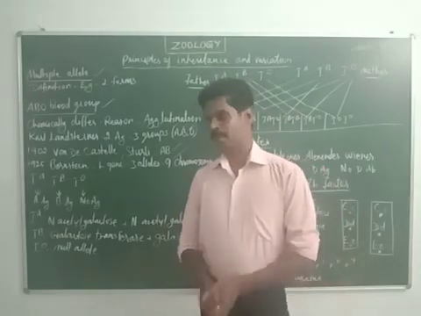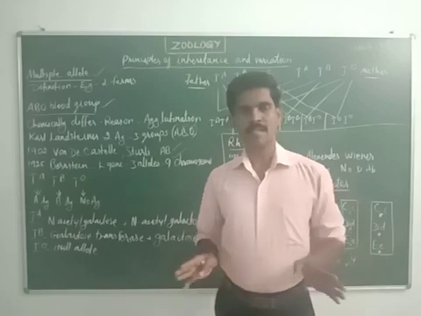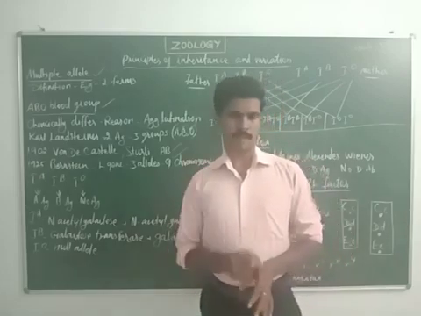Understand my dear students? Then the IA allele and IB allele are always dominant to the IO allele.